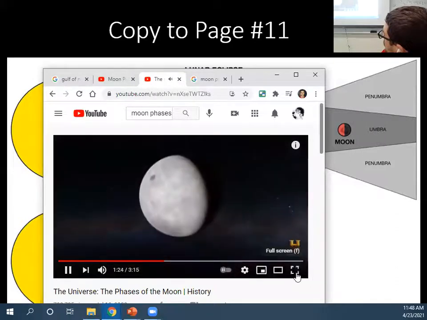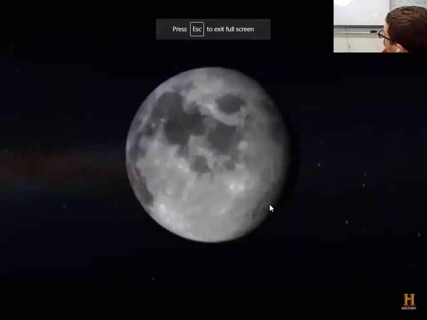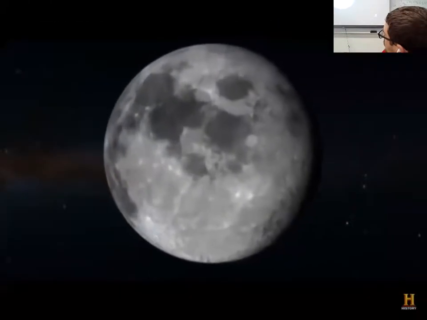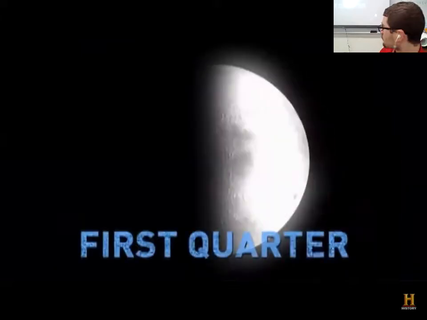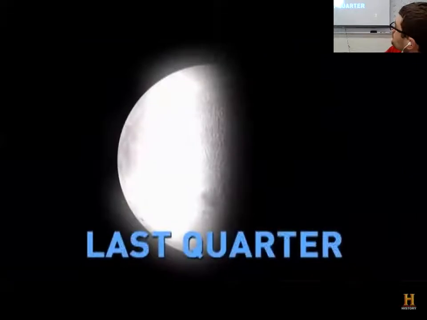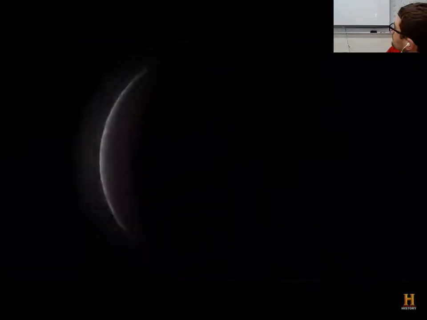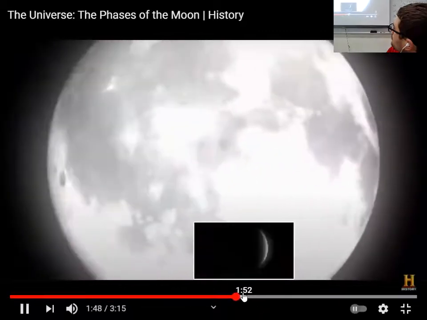Different portion to glow. The moon has 4 main phases. New, first quarter, full, and last quarter. It takes about 1 week for the moon to change from one of these phases to another.